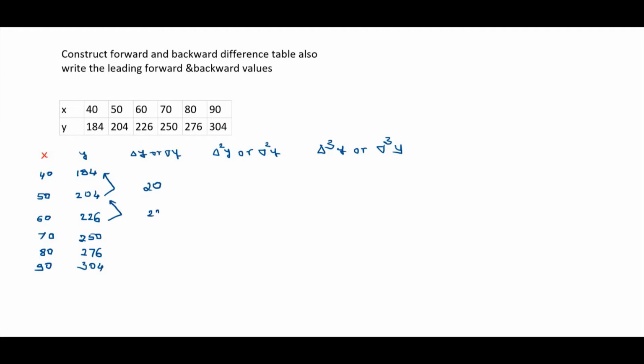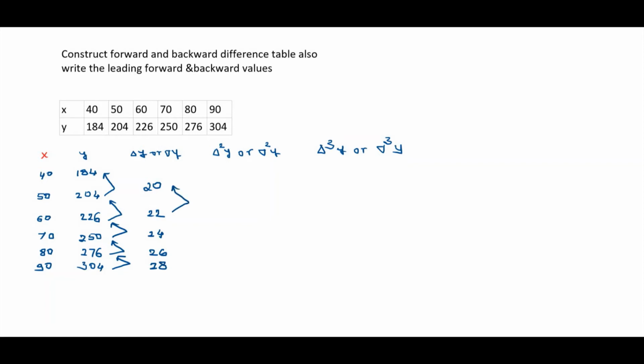It is 22. Next, 250 minus 226, 24. Next, 276 minus 250, you will get 26. And the last, 304 minus 276, you will get 28. Continue in the same way.